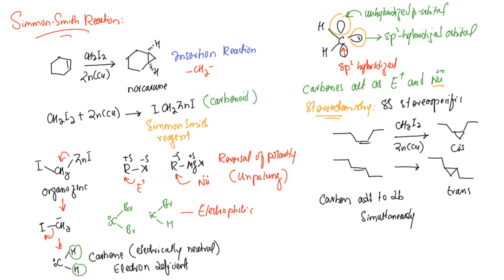As a result, the stereochemistry is preserved. So this is all about a simple Simmons-Smith reaction, which is an important class of organometallic reaction in which an alkene is transformed into a cyclopropane system.